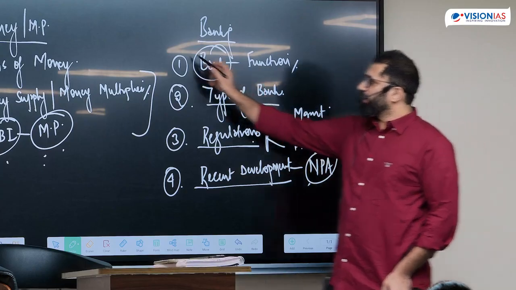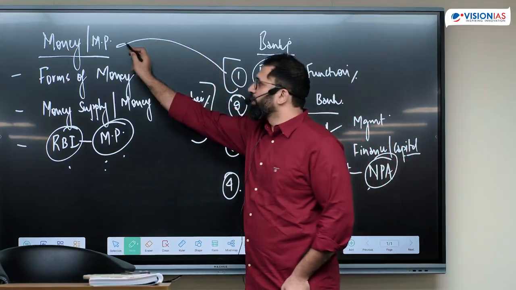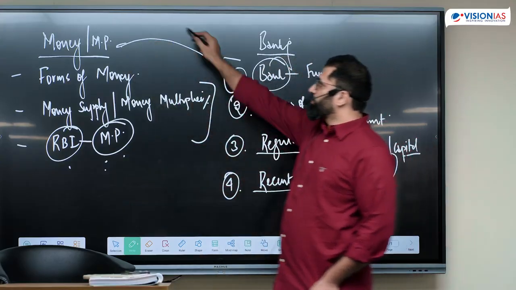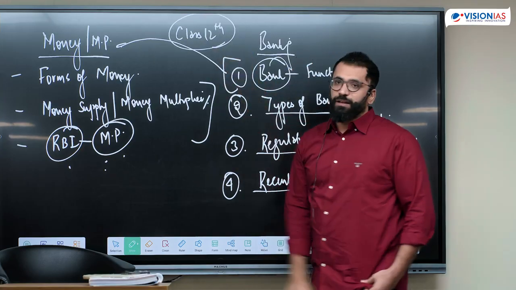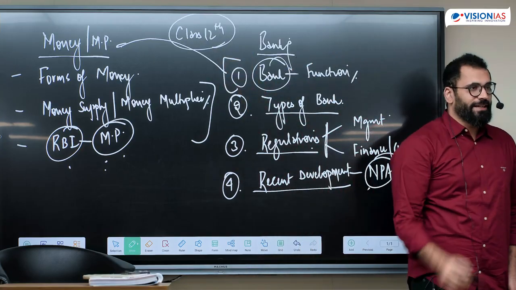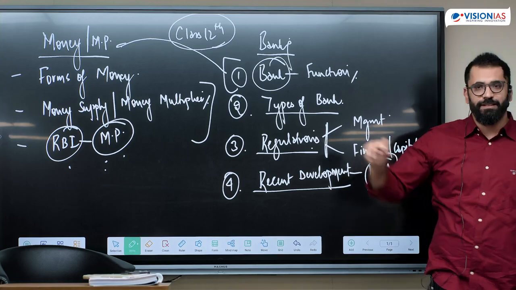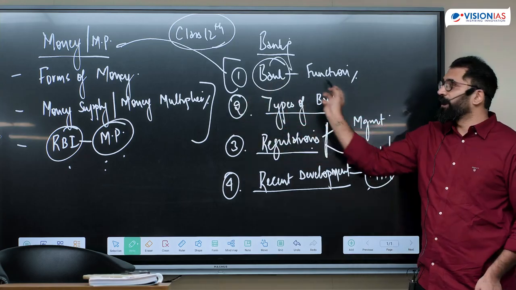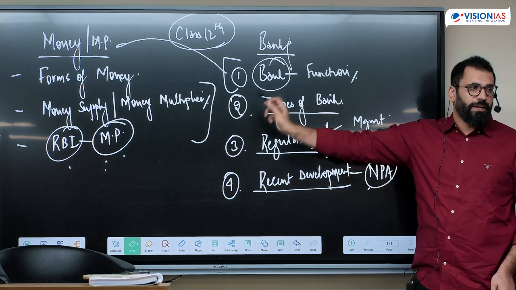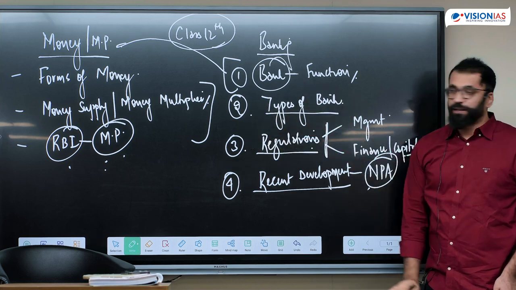This part of banking is mostly correlated to money and money multiplier, which you will find in class 12th NCERT macroeconomics. The second chapter after national income accounting explains the various forms of money. It talks about money supply, money multiplier, and what role the bank plays in the money multiplier and what exactly a bank does.